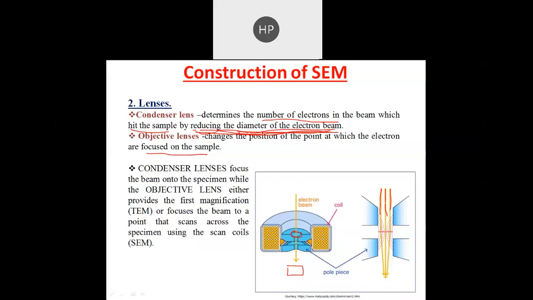And here, due to that magnetic effect, the electron beams are deflected and it becomes narrower. So at the output we have a narrow beam over here. This is the input diameter, while at the output this is the output diameter, so that a very narrow beam of electrons is generated, and then that beam is going to strike the specimen.